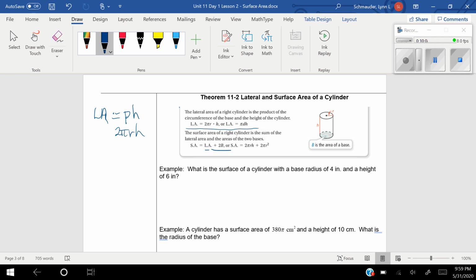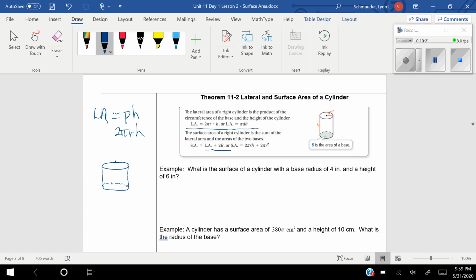All right, so let's take an example here. Surface area of a cylinder. I'll try to sketch us a cylinder. Okay, so there's our cylinder.